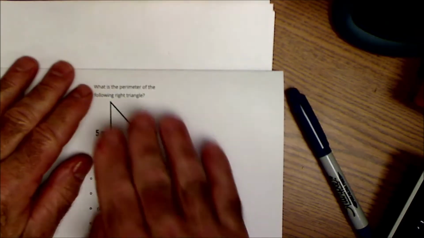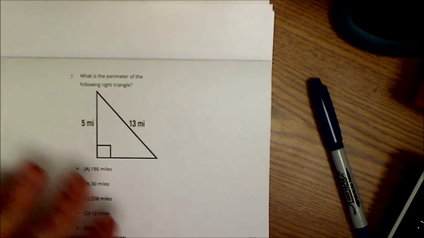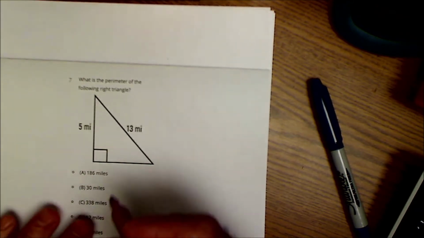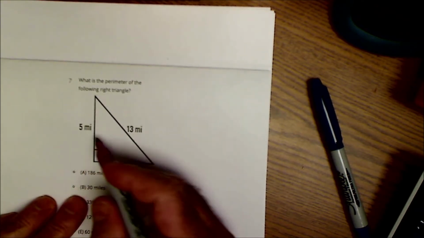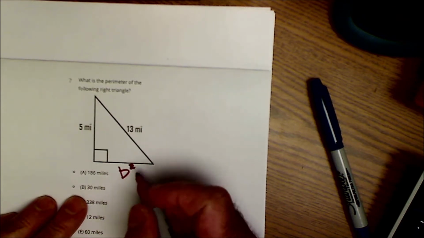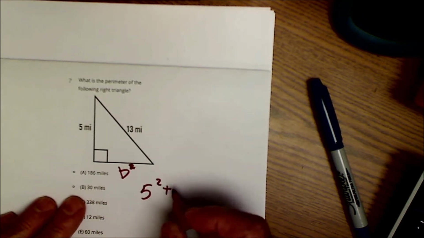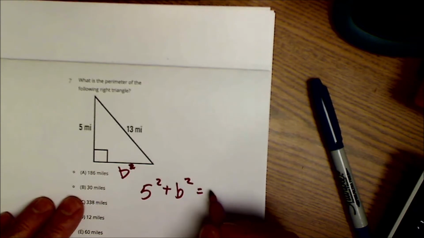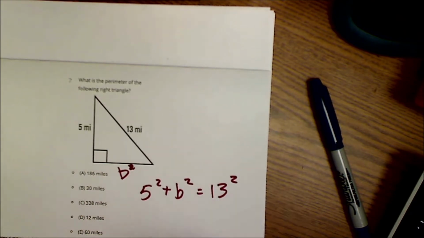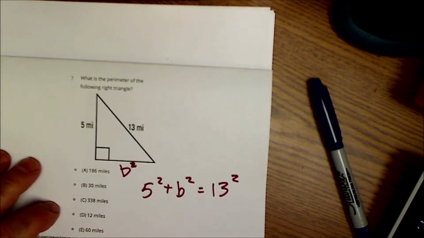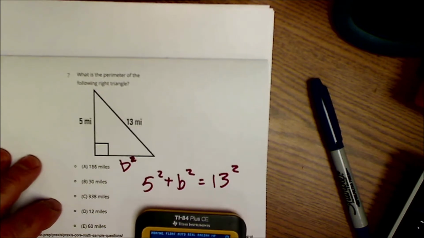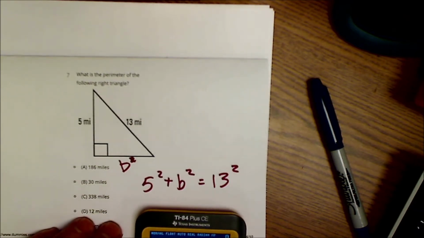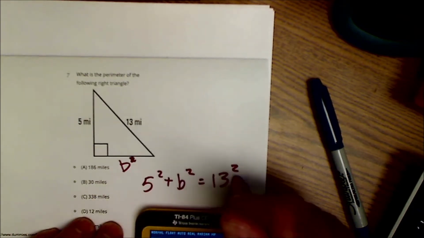What is the perimeter of the following right triangle? This is a Pythagorean theorem problem. 5 squared plus b squared is equal to c squared. And I'll just use the calculator on this. I might recognize this one, but I'm going to subtract 5 squared from both sides.